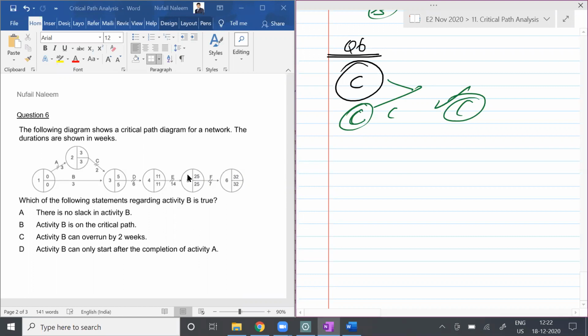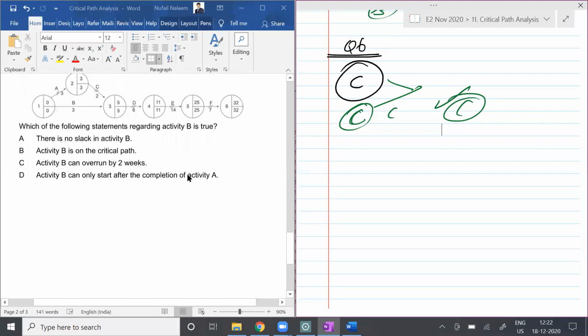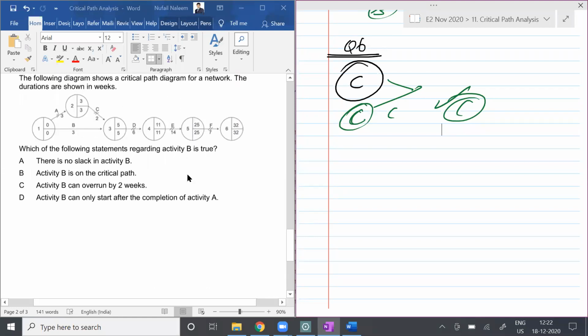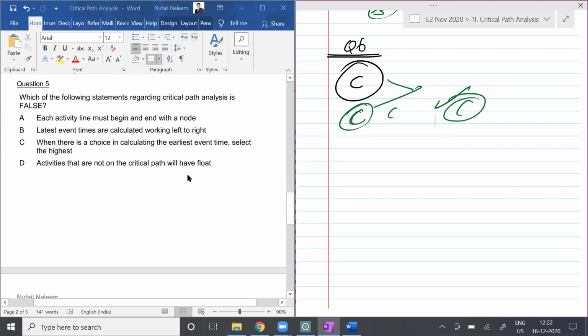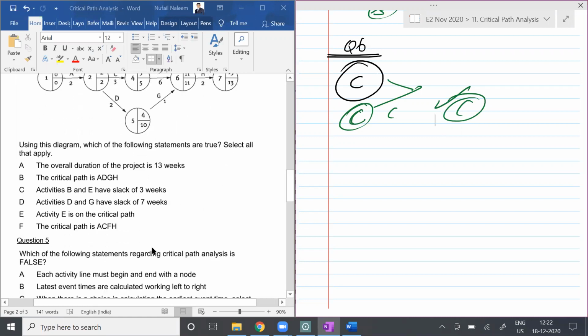Now, are you finding critical path analysis manageable? If the answer says activity B can overrun by even 1 week, is that right? No, wrong. It should be absolutely correct. If you observe the previous question we did, they give you absolute figures.